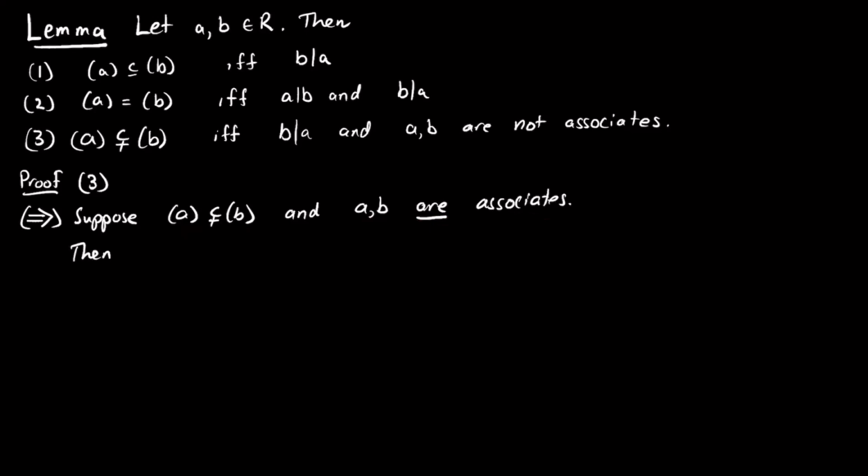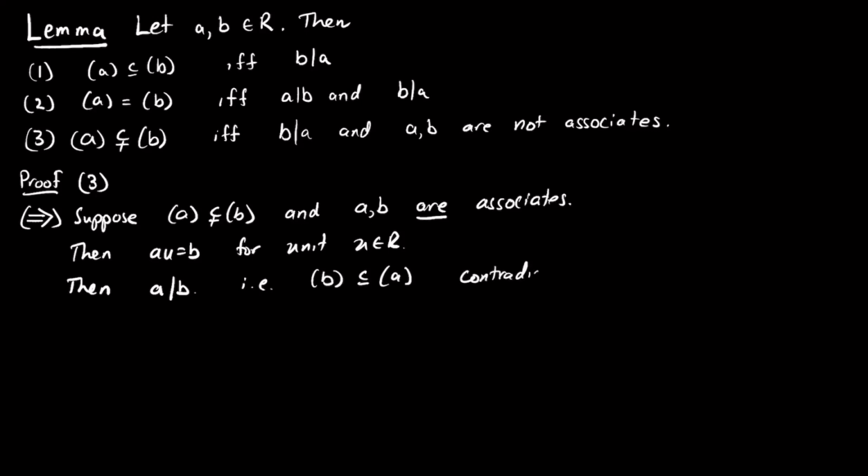It says that AU is equal to B for some unit U in R. But what does that tell me? Then A divides B, and what does that mean? In other words, the ideal generated by B is a subset of the ideal generated by A, and this is a contradiction. Okay, so that finishes the forward direction. Now let's clean up and do the backwards direction.